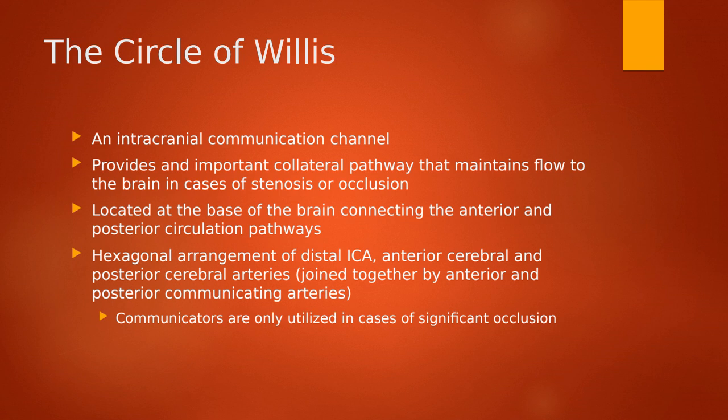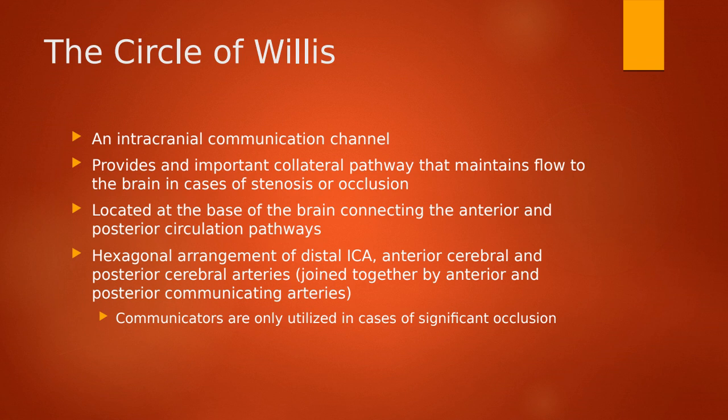It's going to be arranged in a hexagon pattern with the distal aspect of the ICA, the anterior cerebral arteries, and the posterior cerebral arteries joined together by what we call communicating arteries. The communicators are only going to be utilized if necessary. So they're only going to be utilized if we have an occlusion or a significant stenosis in a different pathway and we need to bypass it and go a different route.